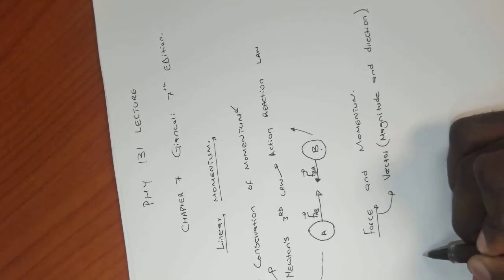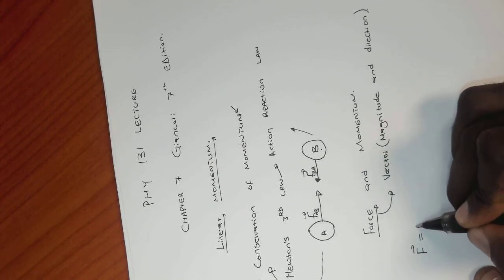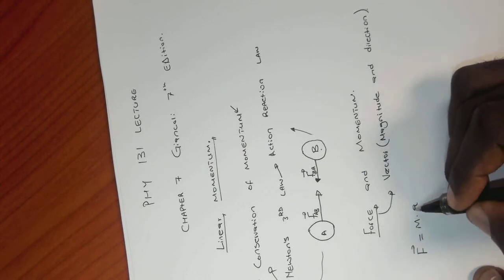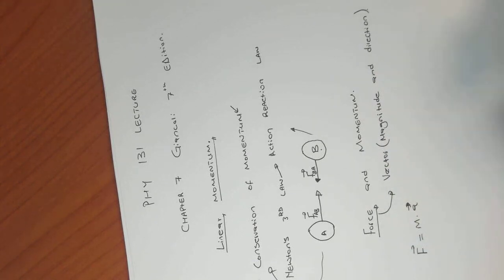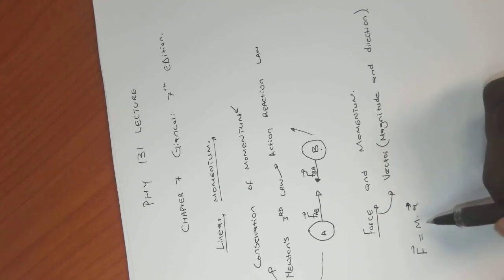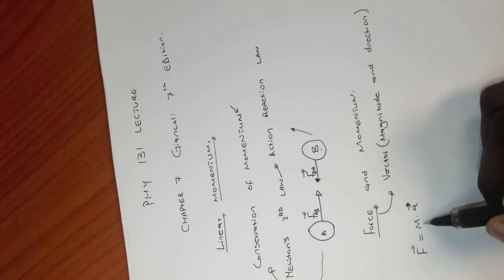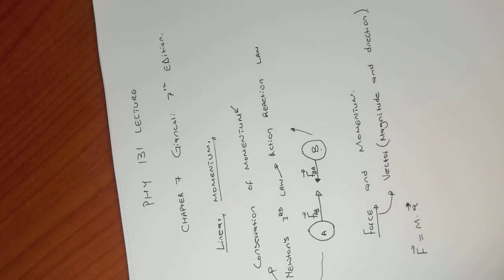According to Newton's second law, F equals m multiplied by acceleration, which is also a vector. You're applying a force to an object with mass m, and there will be an acceleration, a change in velocity over time.